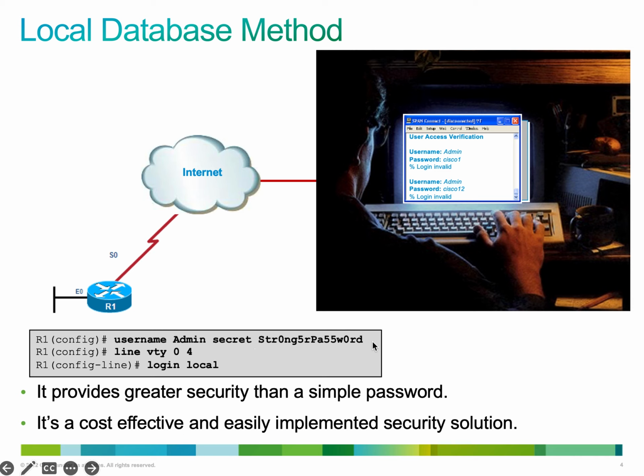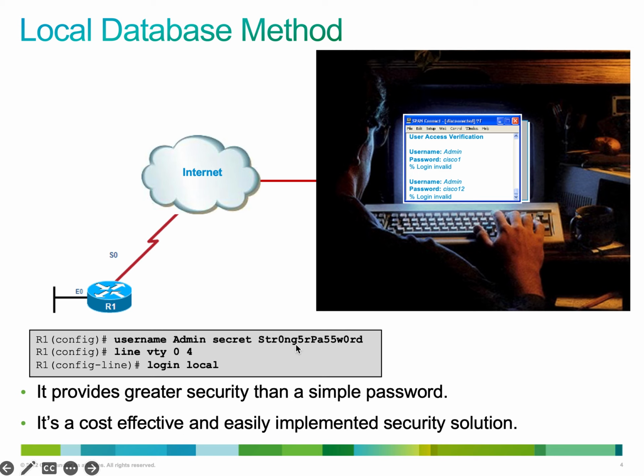Then look at the password that we have entered for this case: "str0ng" with 5 for S. We mix numbers and letters together to write strong. In place of S, we put 5. In place of O, we put 0. So that we can mix it up and make it a strong password. So Router1(config)# username admin secret password.